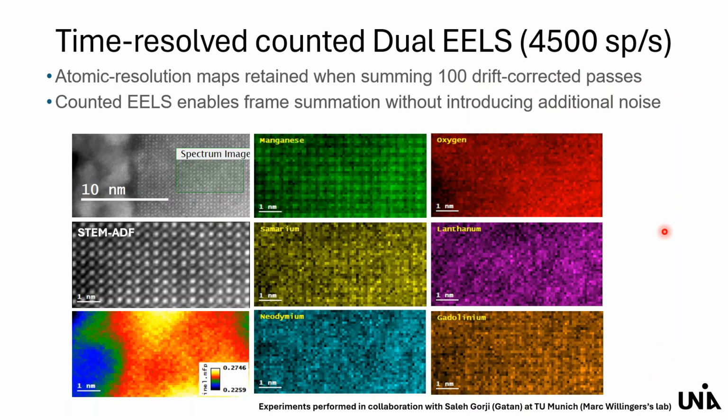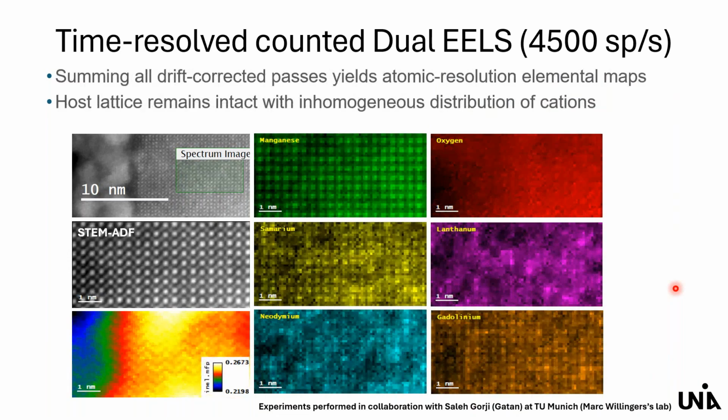Well, there is no beam damage, but to be sure that this gives the same result when you just record the first 100 frames, you also are able to see the atomic resolved map here in case of the manganese, and also the heavy atoms here. And this is still quite impressive compared to the first slide, where it's summed over 700 frames. That also the first 100 frames give you a quite nice signal.